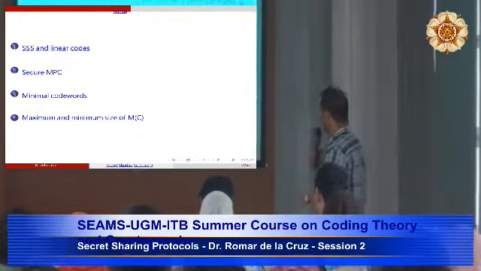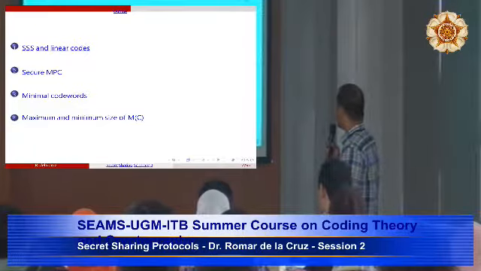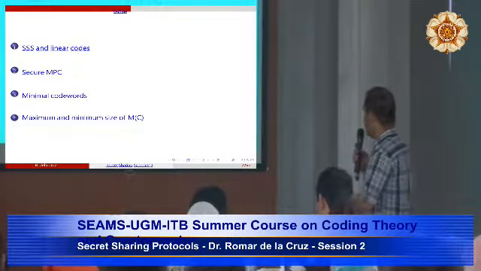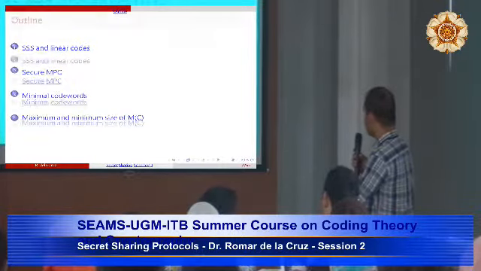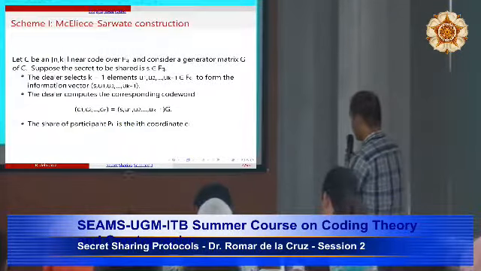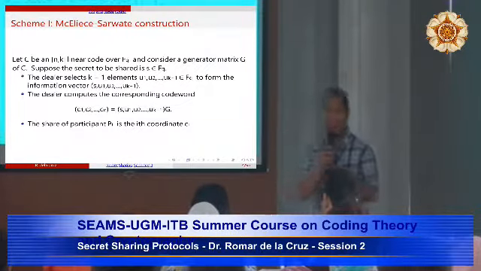To share the secret, the dealer uses k-1 elements of F_q to form this information vector. So the first coordinate is the secret.